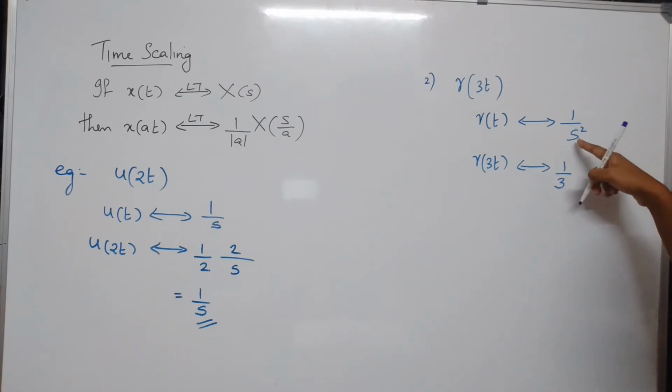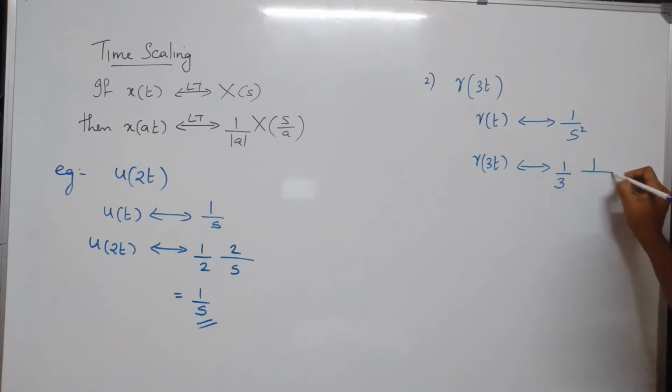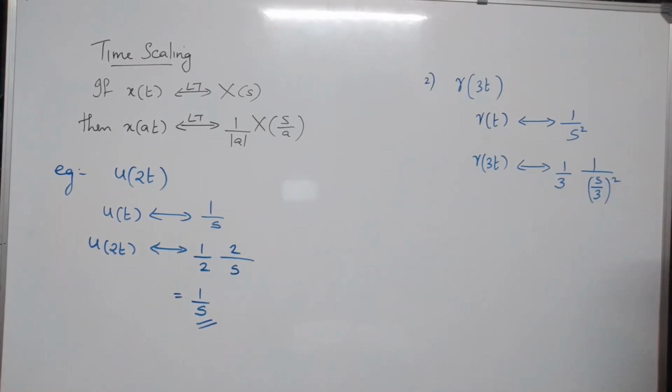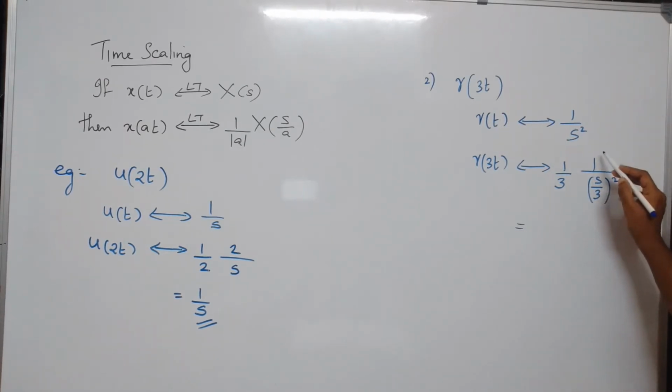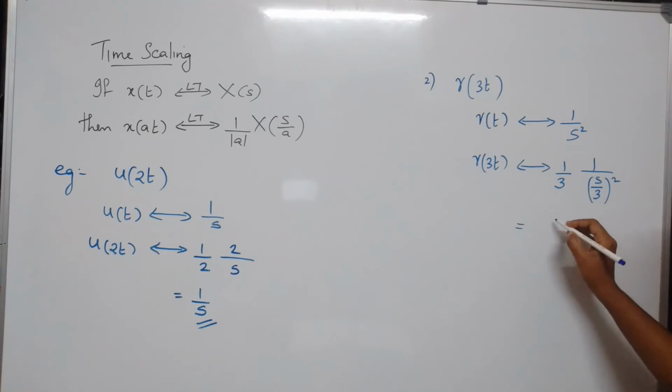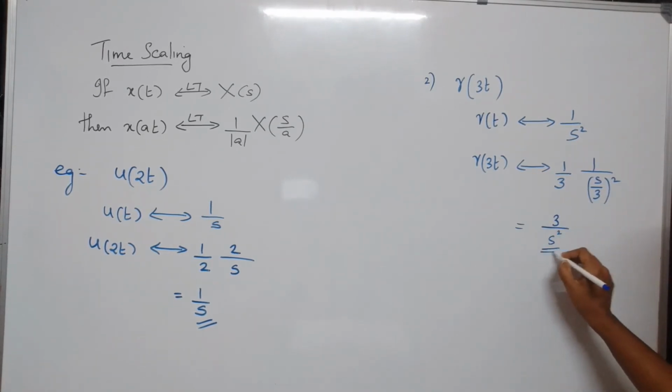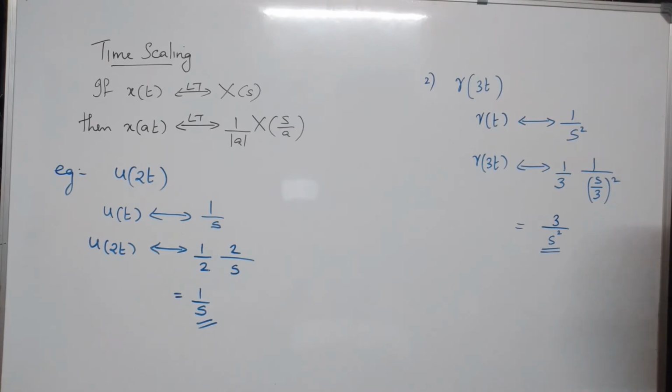In place of s we have to write s by a. So that will be the whole square, or this will be equal to 3 squared, 9. 9 and 3 will get cancelled. So it will be 3 by s square. Okay. This is how you have to apply the time scaling property.